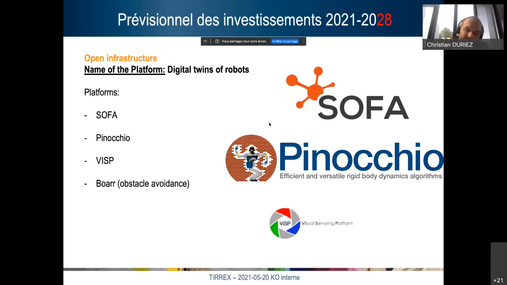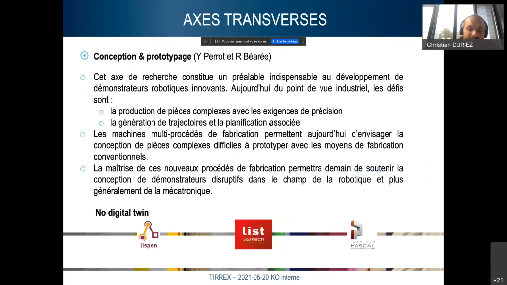There is also VISP, a software developed by INRIA Rennes, more on visual servoing. And finally, there is a software called BOR, a smaller platform dedicated to obstacle avoidance for quadrotors. I will go very fast on the different axes.